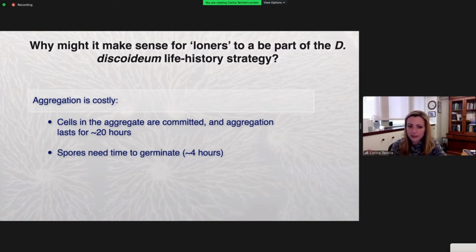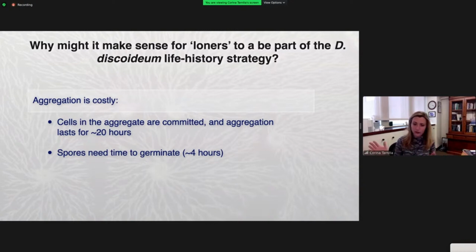It's not just costly because you have a 1 in 5 chance to die, but also, all of the aggregation process past a certain stage is committed, and the aggregation lasts for about 20 hours. So if food comes back in the environment, you can't stop the process, revert to being single-celled, and then proceed to eat and to divide.